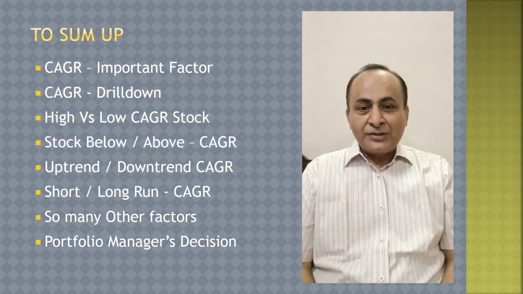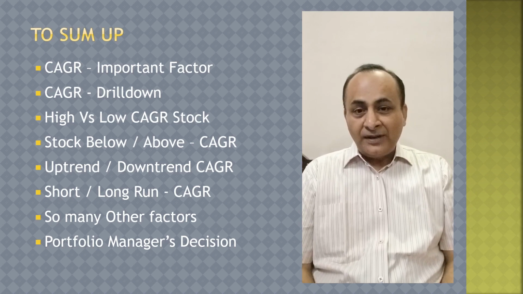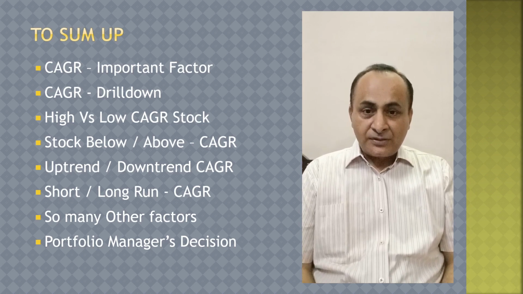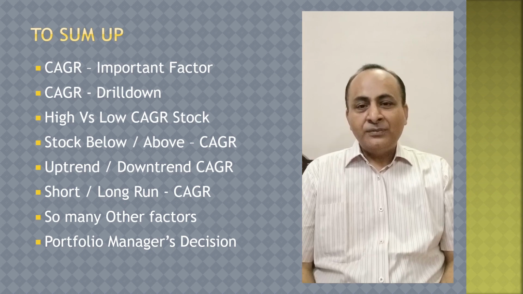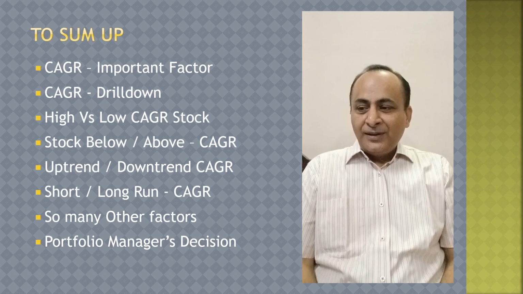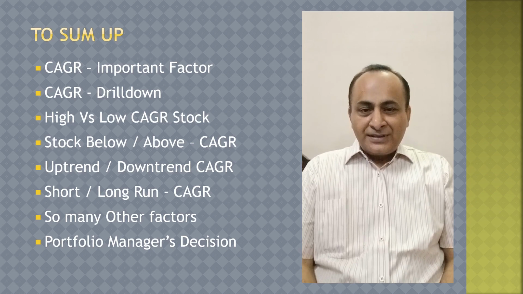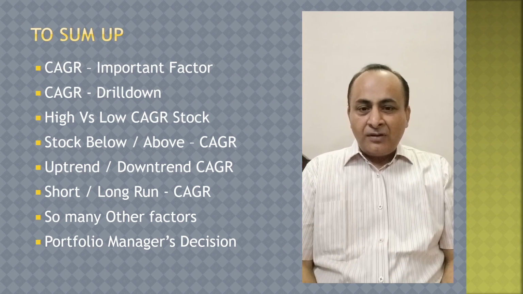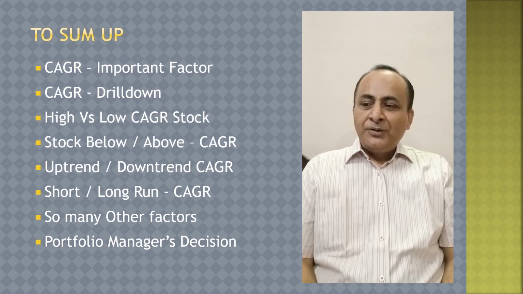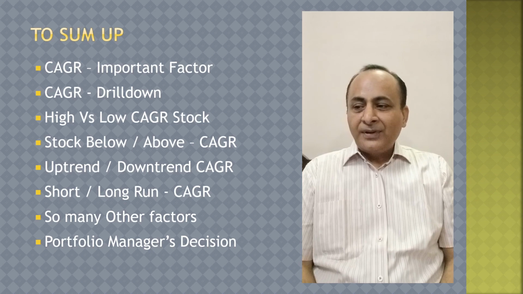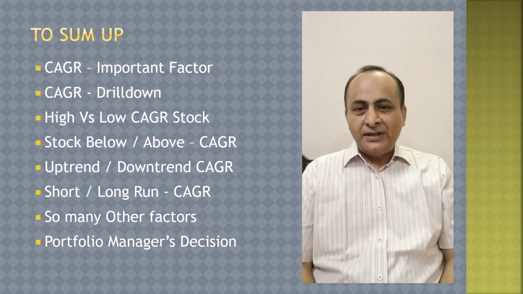But CAGR has to be drilled down, right from index to sector and to individual stock. Then an investment strategy has to be devised. What will work, what will not, it's very difficult to say. But you can think of whether you want to buy a high CAGR stock or a low CAGR stock.